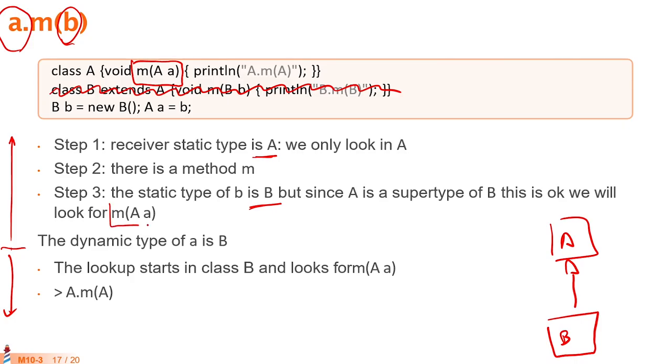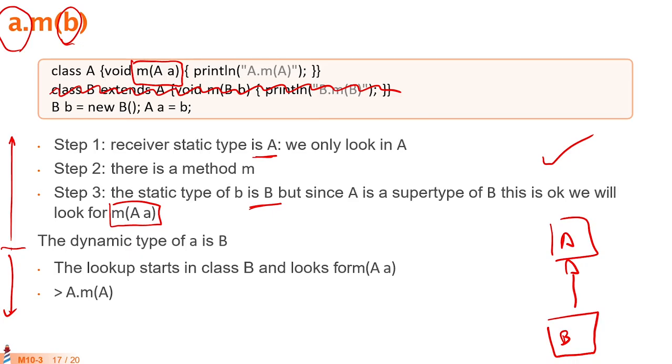So this is the signature that we want to have. As the compiler has found a valid method, a valid message to send, this compiles fine and we can execute it.